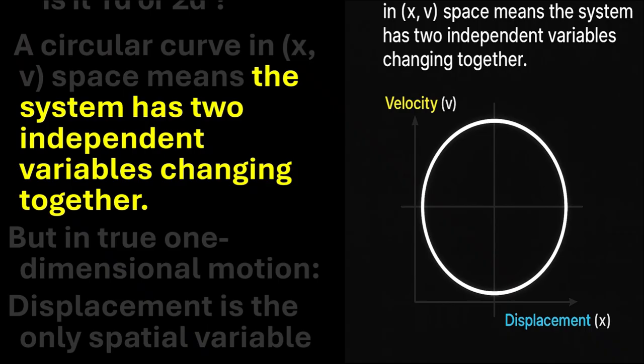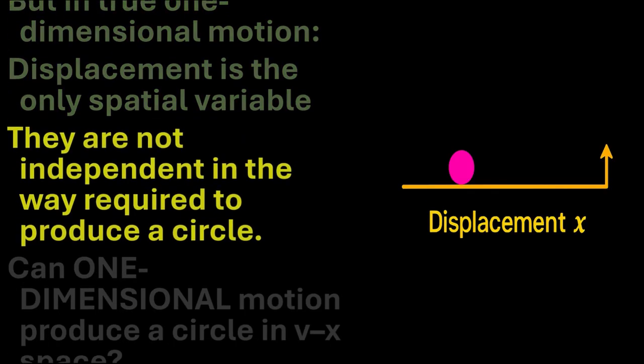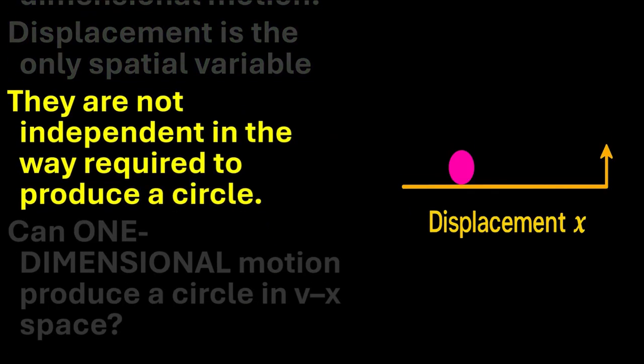In contrast to one-dimensional motion, where displacement is the only spatial variable, or for that matter, it can be velocity or acceleration, but only one variable changes with respect to time. Not two of them change. Now, they are not independent in the way required to produce a circle, the geometry of it.